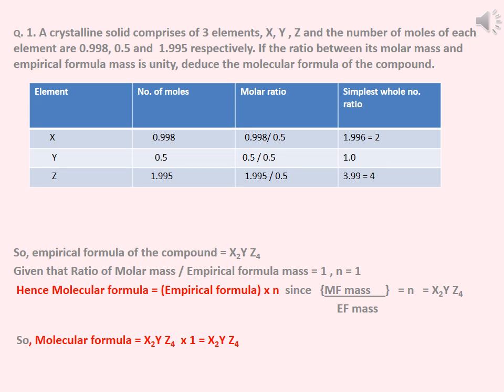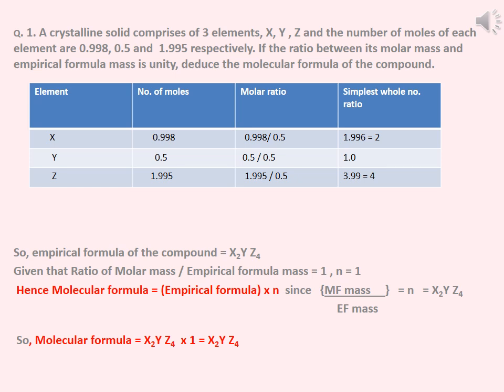You don't have mass of X, Y and Z given, or their atomic mass given, so there is no need for you to determine the number of moles, that is mass by molar mass. It is not necessary. In this problem, the number of moles is already given: 0.998 for X, 0.5 for Y, and 1.995 for Z.